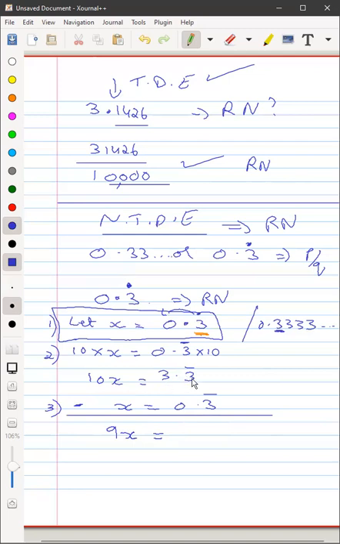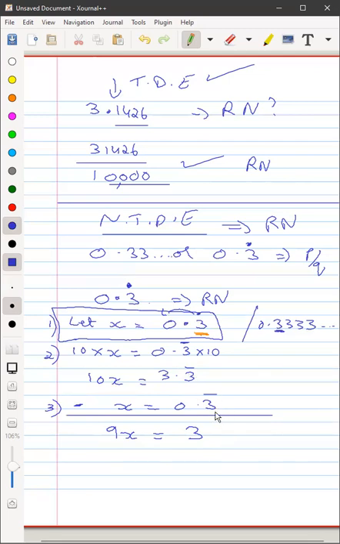And what is 3.3 bar minus 0.3 bar? 3.0 bar. Yes, there is no 0 bar, right? You don't repeat 0. So that is 3, okay.